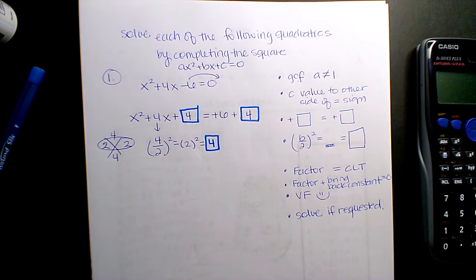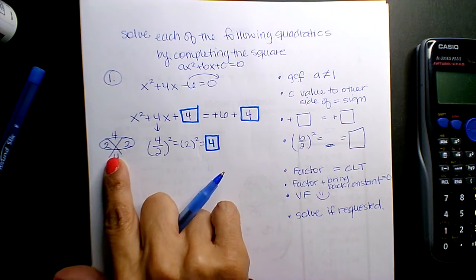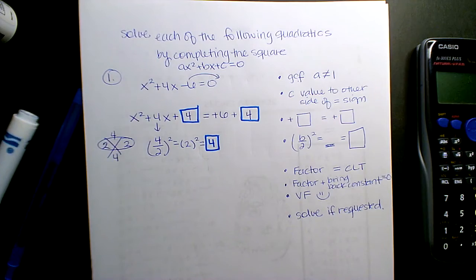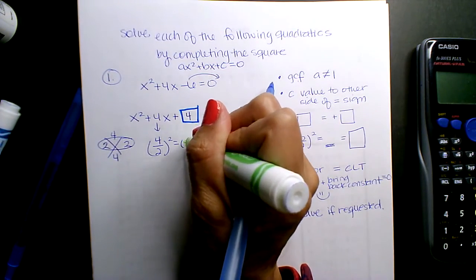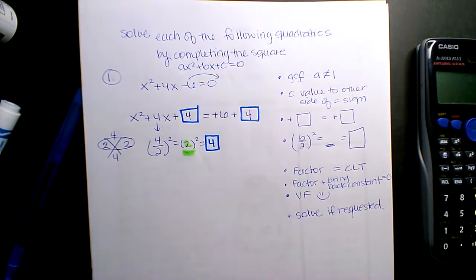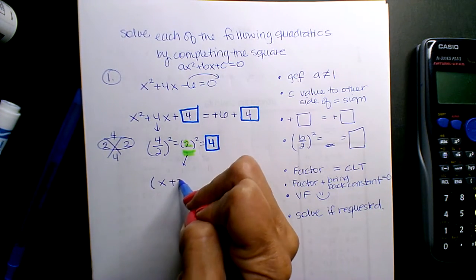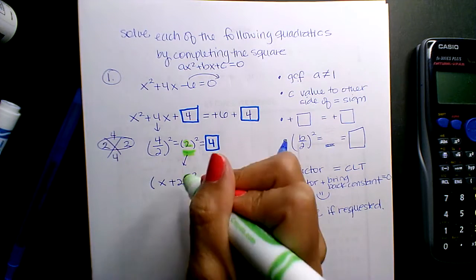Now, when you're completing the square, it is not a coincidence that they're going to be the same 2 numbers. 2, 2, 3, 3, 5, 5, 9, 9, -10, -10. They're always going to be the same 2 numbers. So you're welcome to do your magic X. However, if you trust the steps, this number here is always the number that will come down to your factored form.